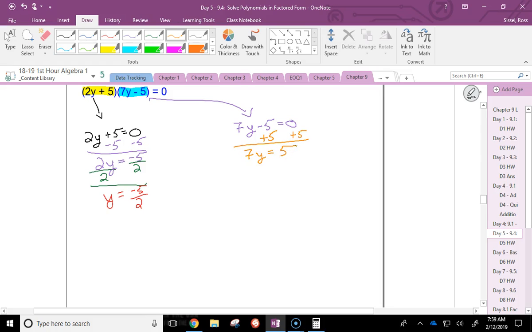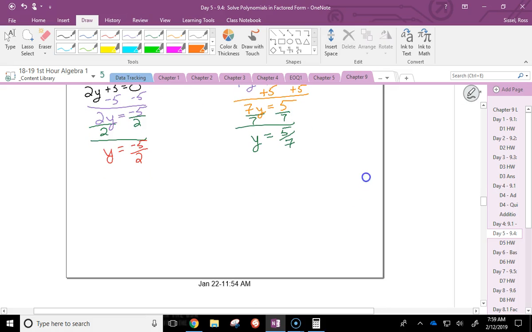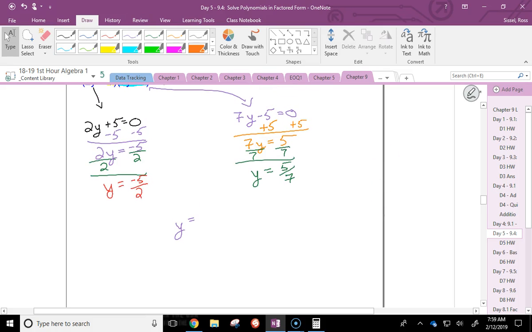So I'd have 7y equals 5, divide by 7, and we'd have y equals 5/7. So when I look for my answer, it's going to be these two. Even though they're using the variable y, we're still talking about our roots, so it's going to be our x-intercepts. But I would say 5/7 comma -5 halves.